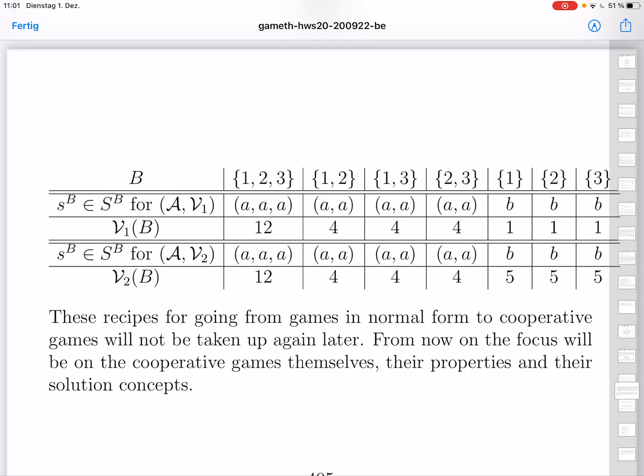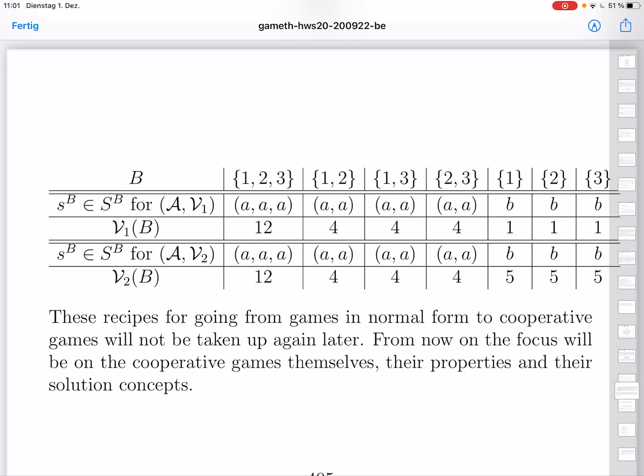Then the second and third line show the values for the first cooperative game, and lines 4 and 5 show the data for the second cooperative game. So let's start with the first cooperative game, or maybe we could look at both of them simultaneously.